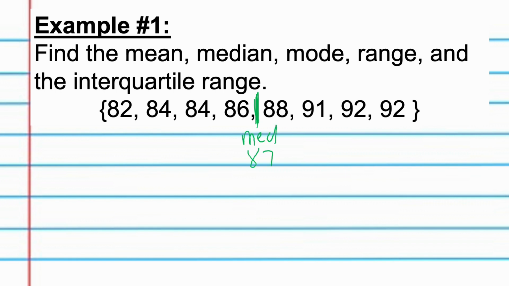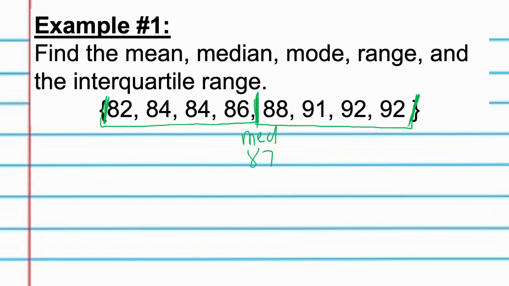Our median is 87. The median means that it's halfway through our data set. So our first half is all of this over here, and our second half is everything to the right of it. Now we've broken up our data set into halves.